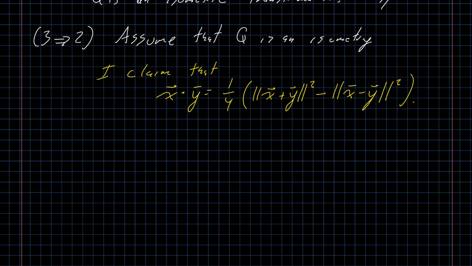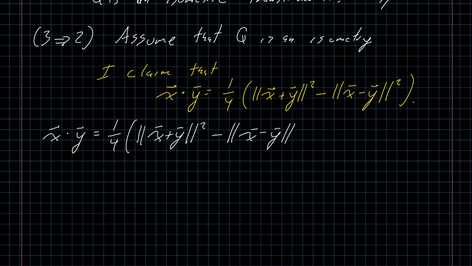I want to use the fact that Q is isometric to look at exactly this starting point. X dot y is equal to 1/4 of the norm of x plus y, the whole thing squared, minus the norm of x minus y, the whole thing squared. And then, since I have an isometric transformation, if I took the transformation Q on x plus y, it would not change the norm.